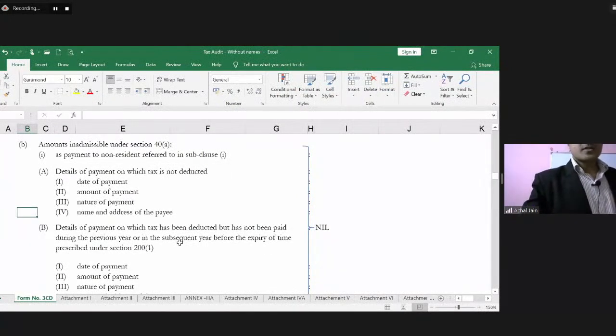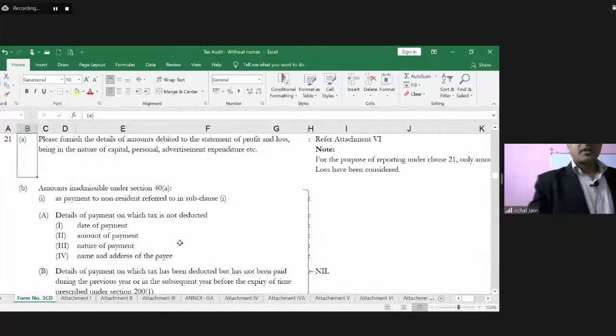Moving on to the next clause, clause number 21. It says, please furnish the details of amounts debited to the statement of P&L, being of the nature of capital, personal, advertisement expenditure.